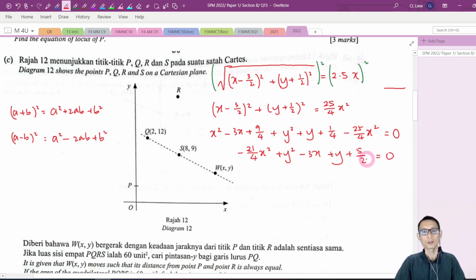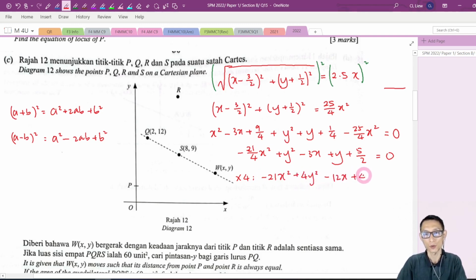Now this is the locus of point P. If you don't want to see a fraction like this, you can multiply the whole equation by 4. But make sure you multiply every single term correctly. So this will be negative 21x squared plus 4y squared minus 12x plus 4y plus 10 is equal to 0. This is the locus of point P.